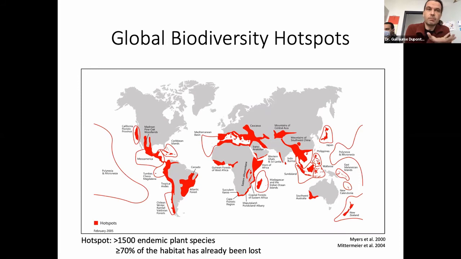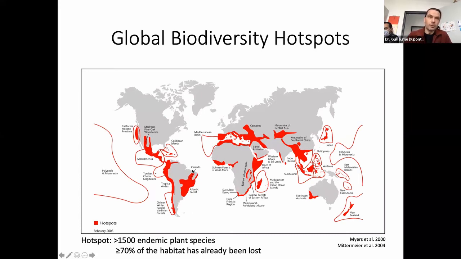And because the biodiversity hotspot concept is a conservation concept, it implies that most of the habitat of these areas has been lost, so there is a high level of threat towards extinction. And you see that the Amazon basin is not a designated biodiversity hotspot because we still have not lost more than 70% of the Amazon.